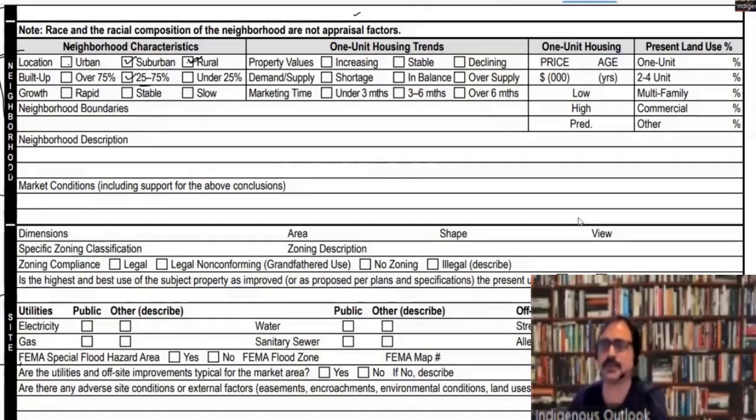Then growth. How is the neighborhood growing? If the area is developing and people are growing, buildings will also start growing. As soon as a person grows, his style of living also grows, so his house also grows. What is the growth rate of that neighborhood?